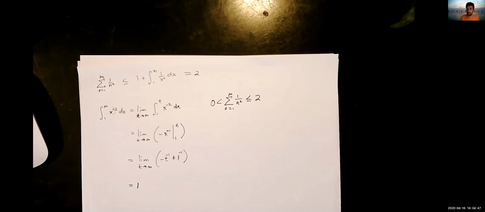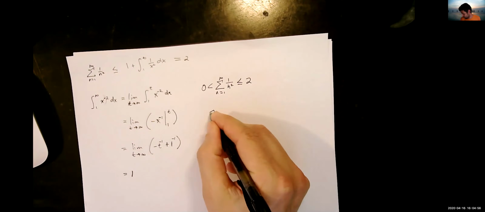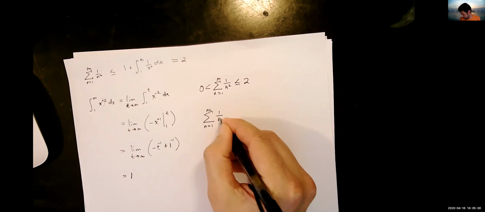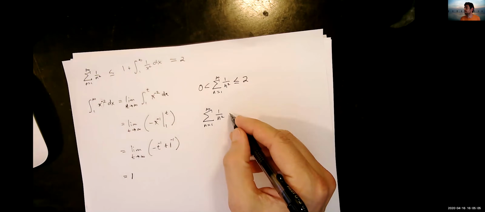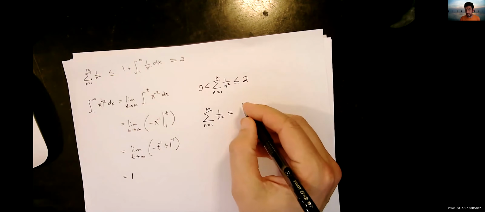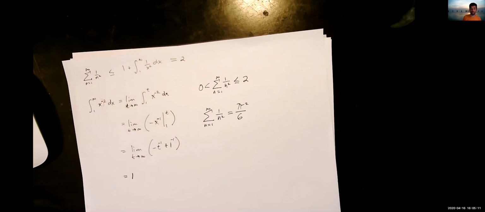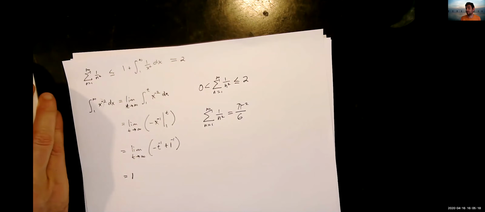And this is what the heart of this integral test is. Just for curiosity's sake, it turns out this sum, I believe, sums to pi squared over 6. People have proven this. I do not remember how that proof goes, but it's a fairly famous problem.